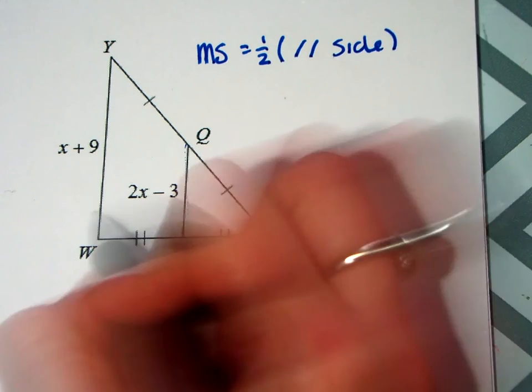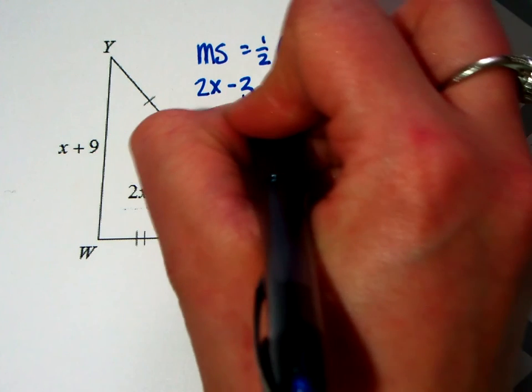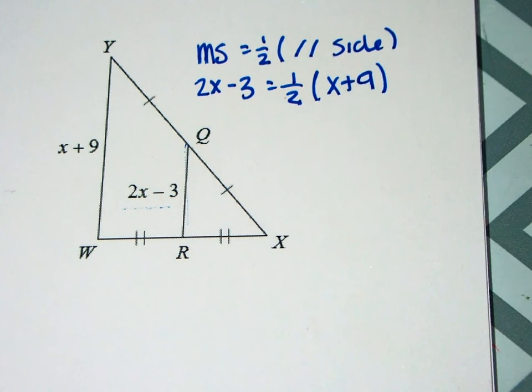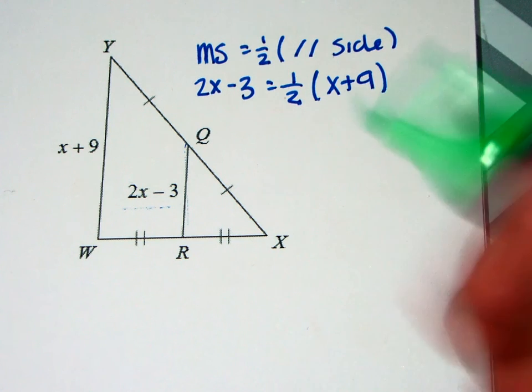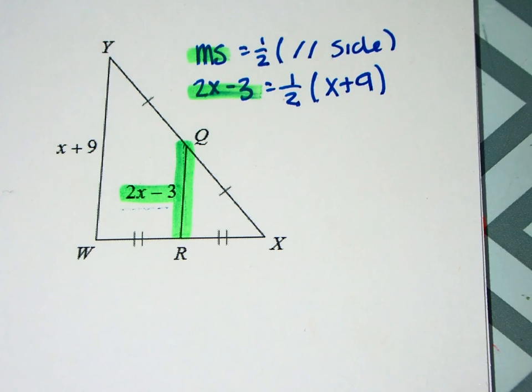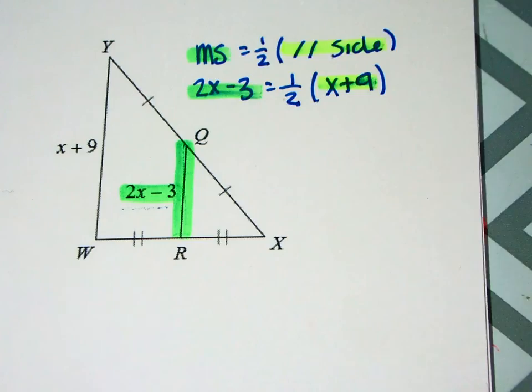So my mid-segment is 2x minus 3, because it's in the middle, equals 1/2, and my parallel side is x plus 9. So just remember, mid-segment is inside.